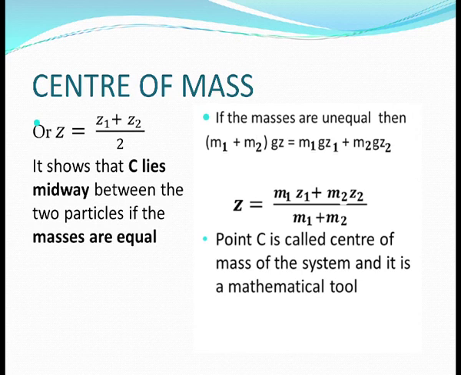Then the equation changes and we have (m1 plus m2) multiplied by g and z equal to m1g z1 plus m2g z2. When we rearrange the equation, we get the final equation as z equal to (m1 z1 plus m2 z2) divided by (m1 plus m2). Therefore, the point C having this coordinate is called the center of mass of the system, and it is basically a mathematical tool.